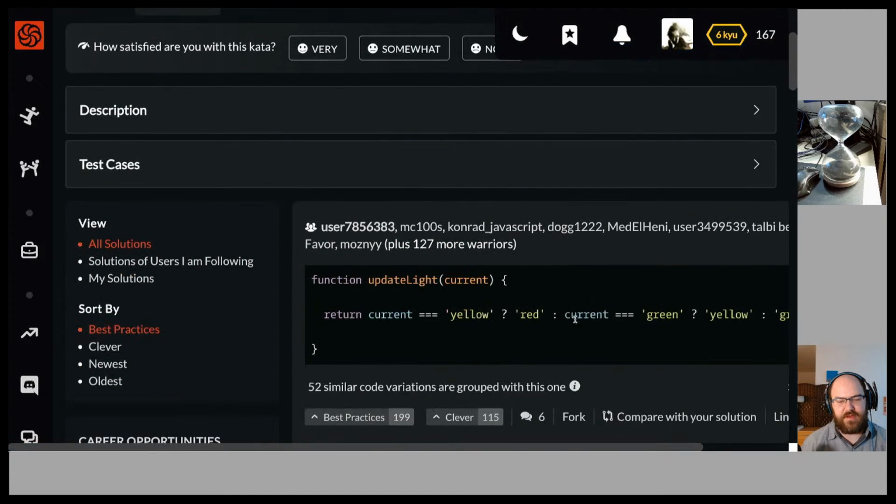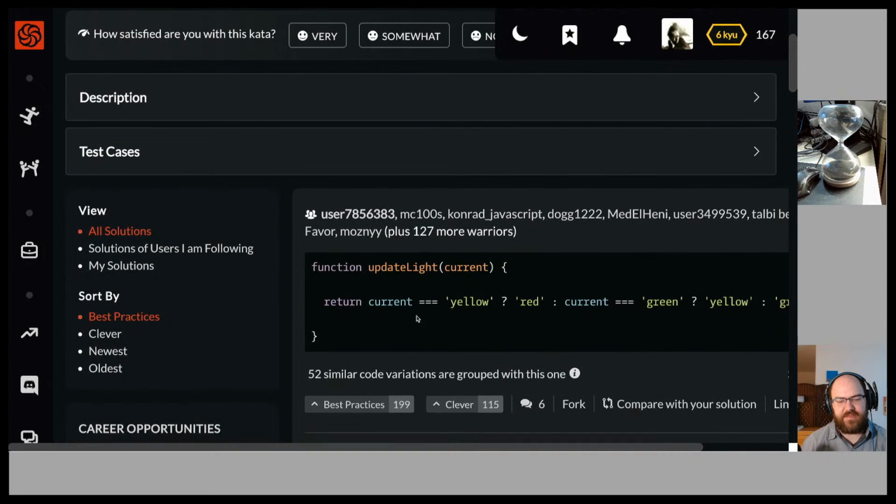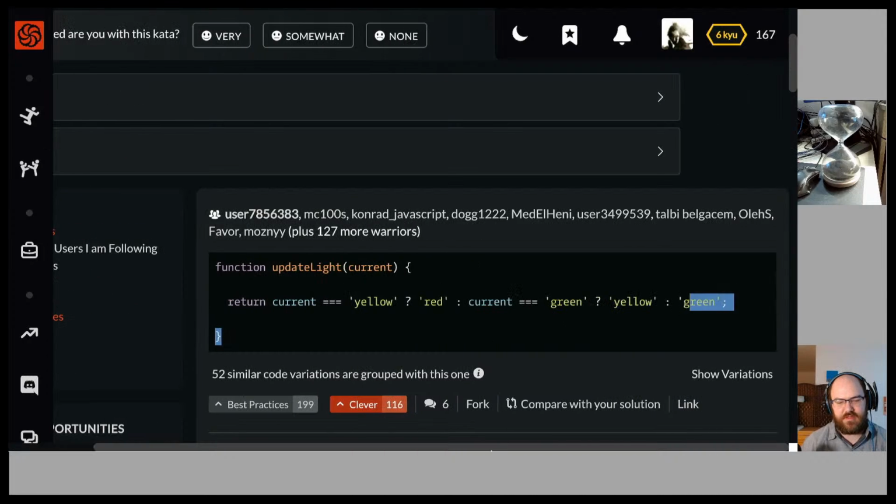Let's see what we have here. A nested ternary statement. I think that's more clever than best practice. Let's see what they did.